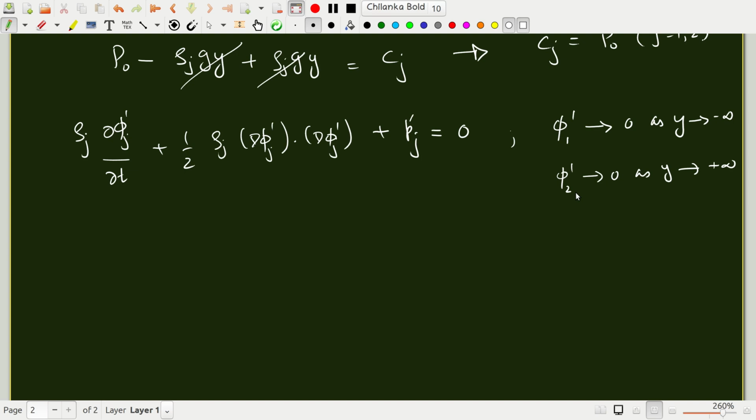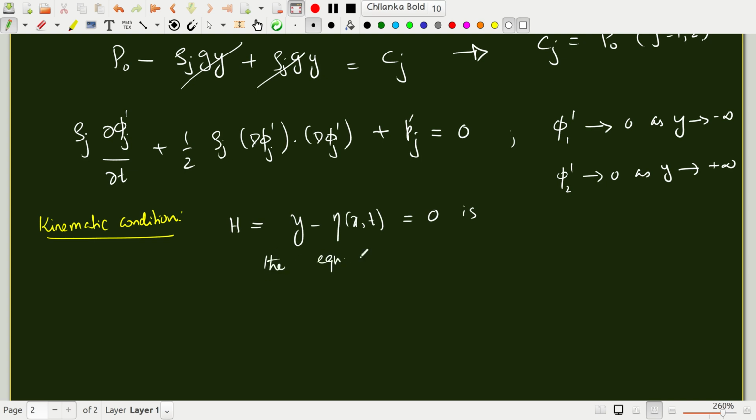Now let's move to the kinematic condition, which will tell us how the interface is going to evolve as a function of time due to the adjacent fluid motion. The kinematic condition simply says that if h equal to y minus eta of x,t is 0 is the equation of the interface, then the kinematic condition simply states that dh dt is 0.